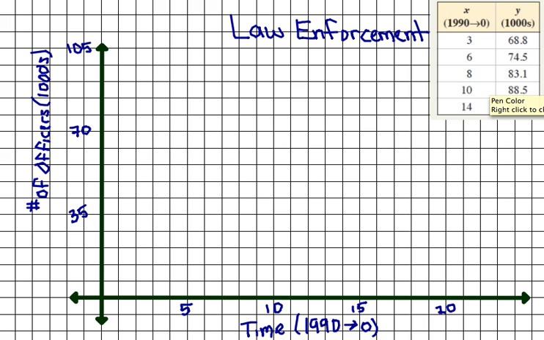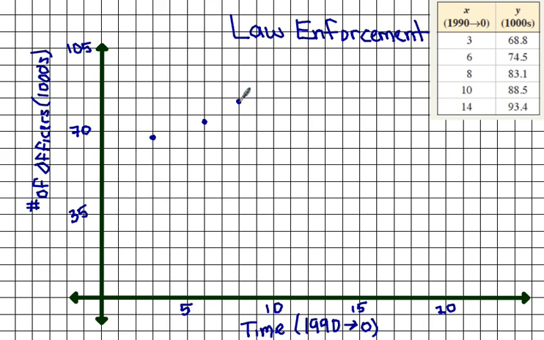3, 68. 1, 2, 3. 68 is somewhere in there. And then 6, 74. And then 8, 83. 6, 7, 8, so that would be 84, and 83 would be just below it.